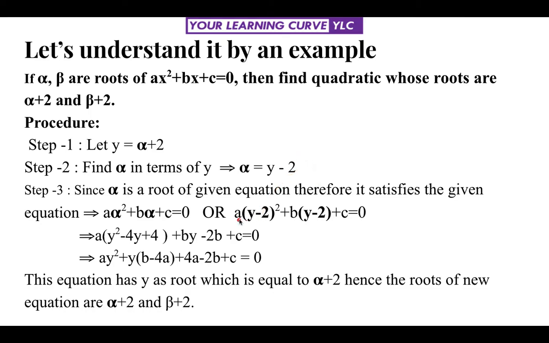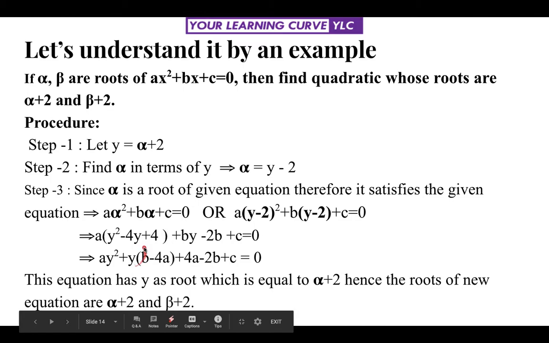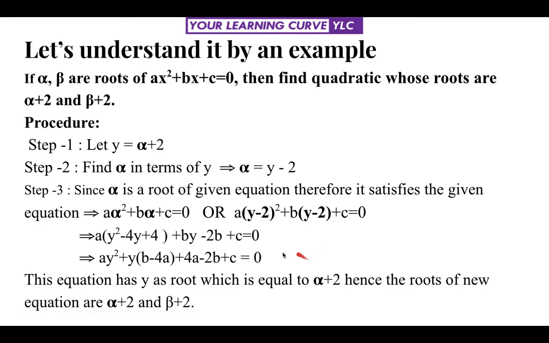Put it, you get a into y minus 2 whole squared plus b into y minus 2 plus c is equal to 0. On solving this, you square this, bring all the terms with the same variables together and take out whatever is common. You get ay square plus y into b minus 4a plus 4a minus 2b plus c equal to 0. This is a new equation.